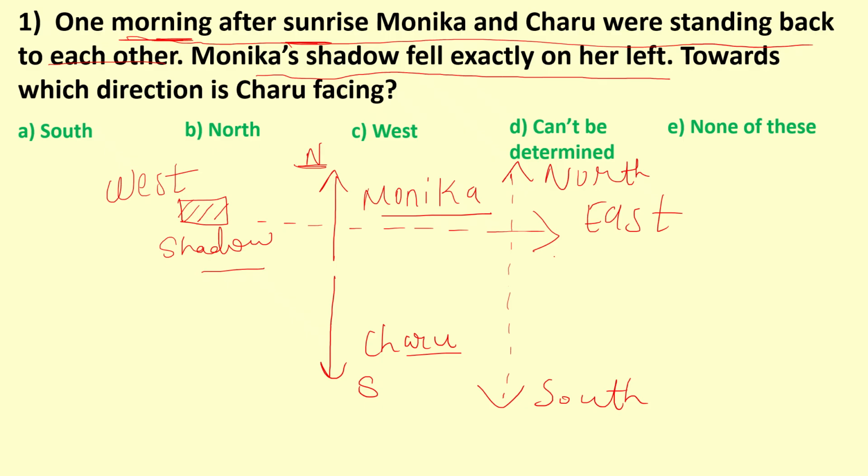So towards which direction is Charu facing? This is south direction, and in south direction only Charu is facing. So south is the correct answer. A option is the correct answer. Hope you understood this concept.